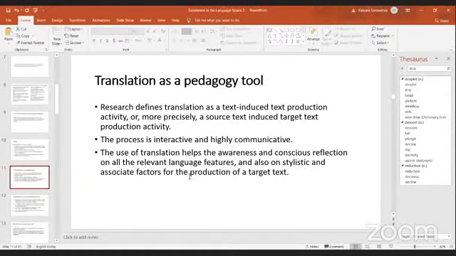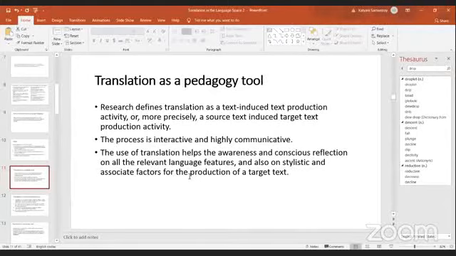And they consciously reflect on these linguistic features. So this interaction is full of awareness and full of conscious reflection. They look at linguistic features, they look at stylistic features, they look at other associated factors when they try to get the production of the text in the target language.